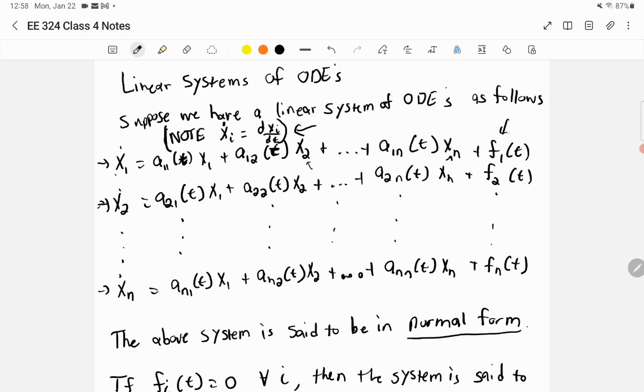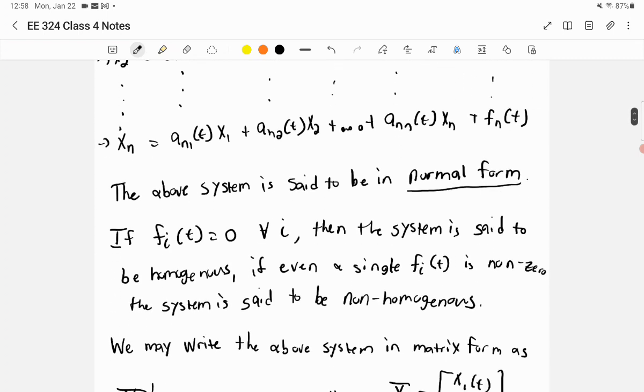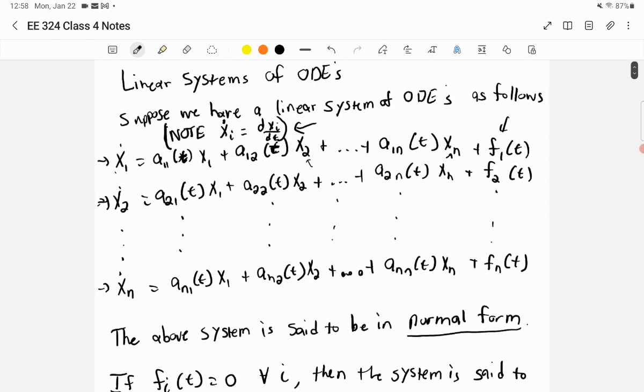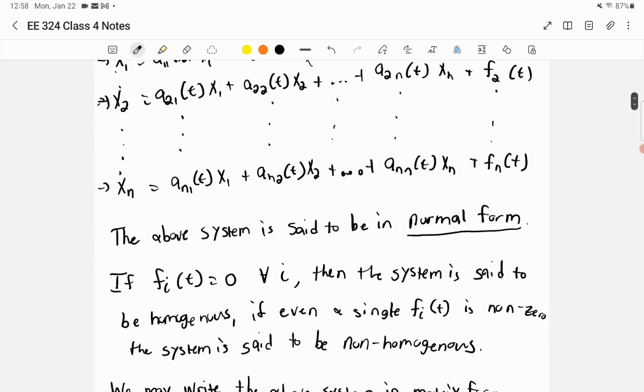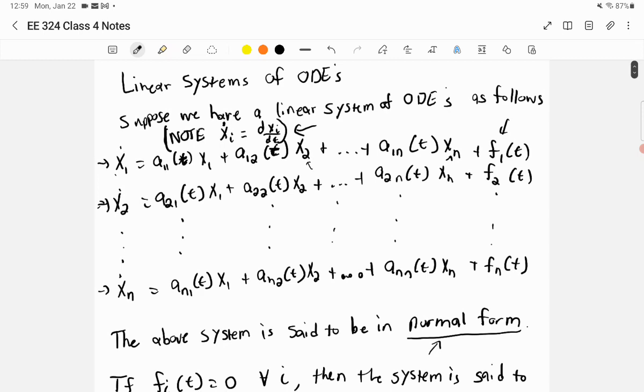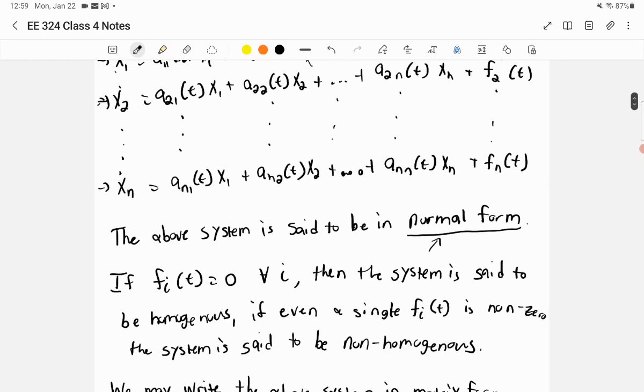And then we also have an external input that could be given to each of the individual ODEs, this function f here. If the system is written as it is above, it's said to be in normal form. Not something that we're going to need much for this course, but just as a reminder, everything should be written in normal form, and that's generally how you'll get it anyways.